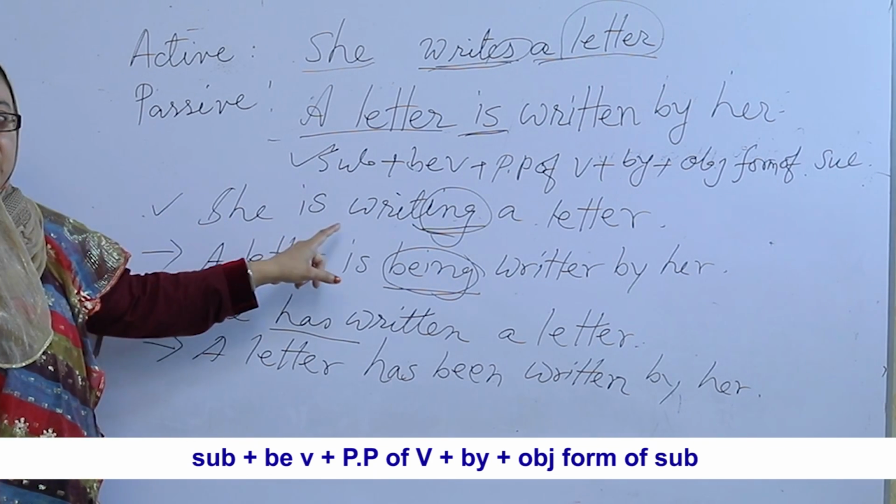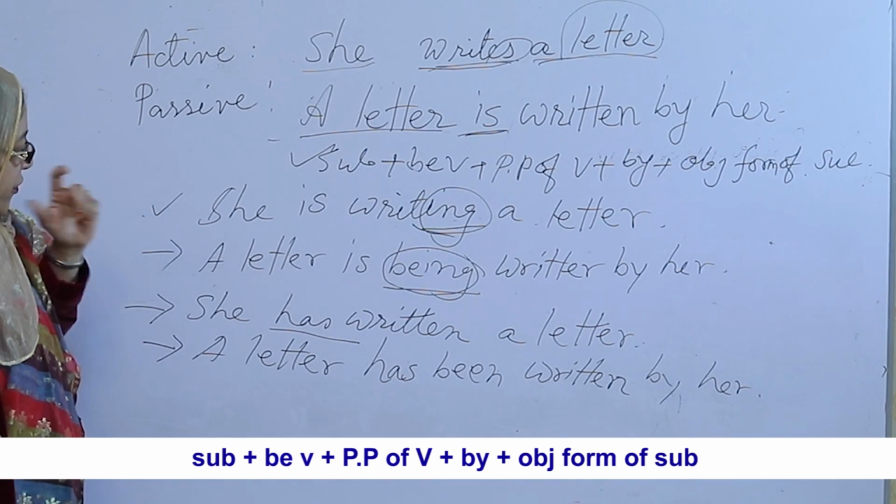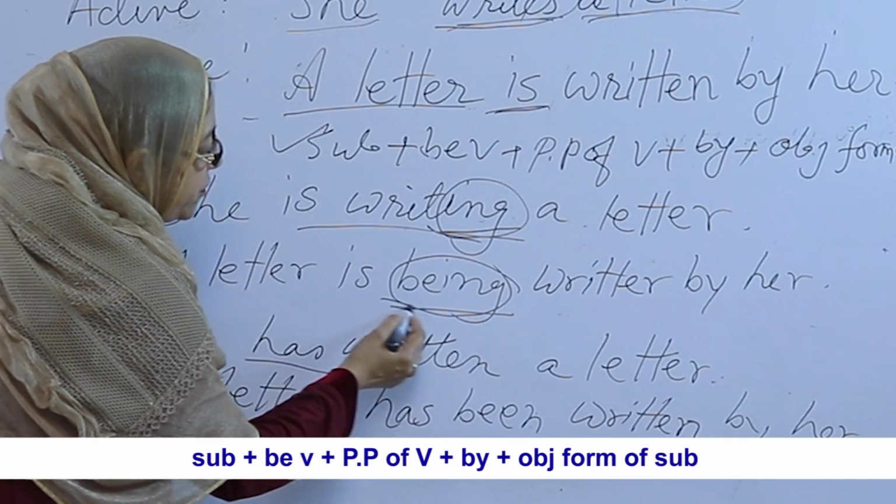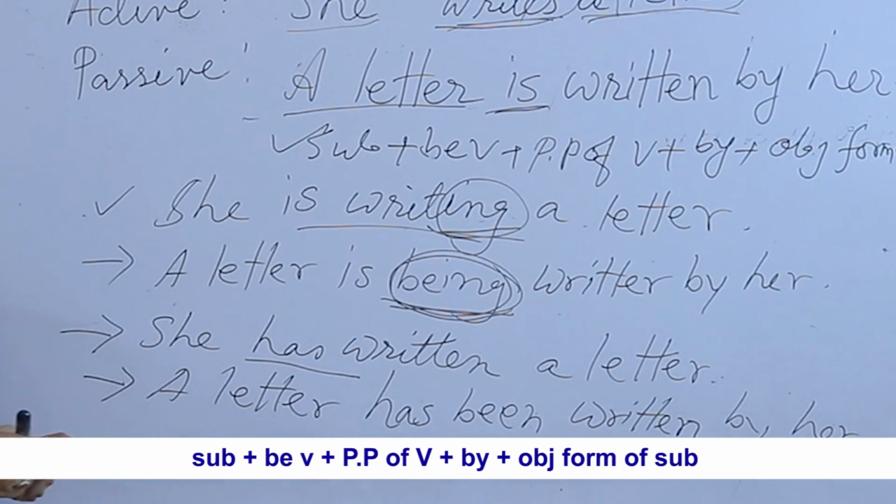And then I use a continuous form of tense. She is writing a letter. This is a continuous form. So when it is a continuous form, I use being, B-E-I-N-G, being.